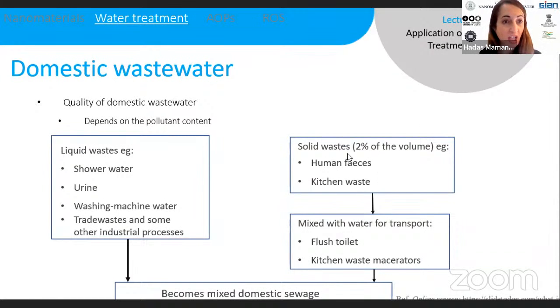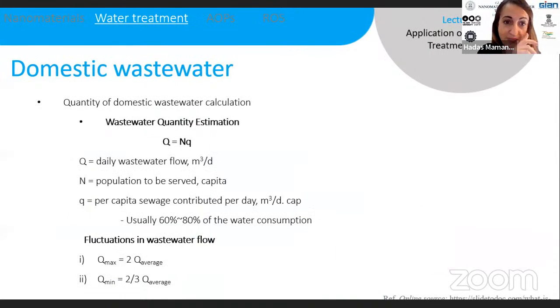Then we also have the solid waste in the wastewater, which of course includes human feces and can also include kitchen waste. And then it is mixed with water for transport, and it can actually go to toilet flushing. And all this becomes domestic sewage.